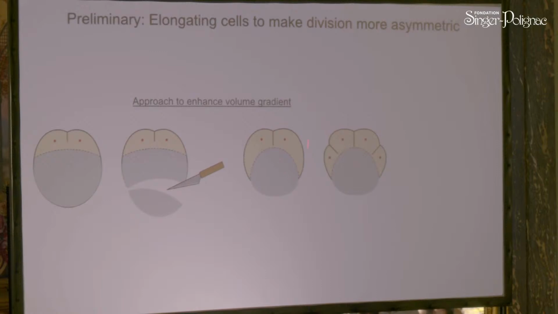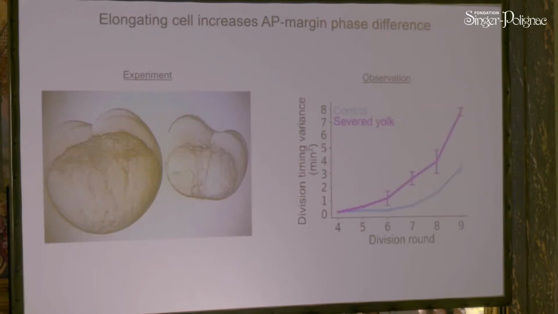If you then look at the divisions, you get a higher asymmetric distribution of volumes, and this should in principle then lead to a higher asynchrony. So if you're looking at the division timing, these yolk-chopped embryos become asynchronous earlier than the non-chopped ones. This is the real data.